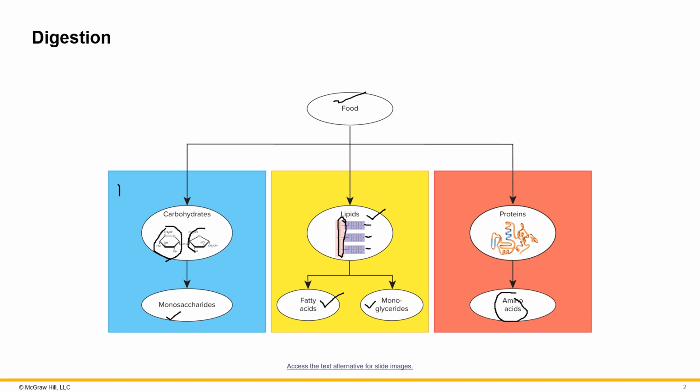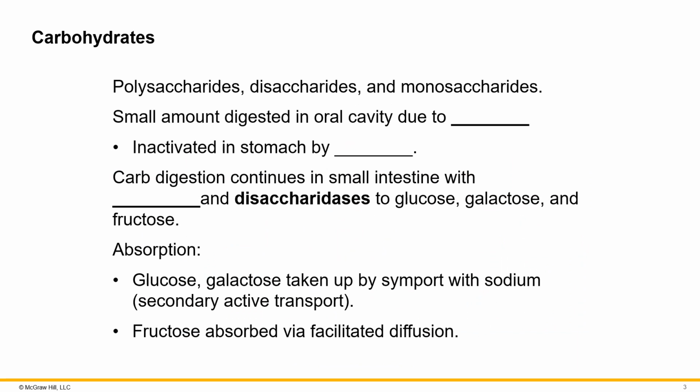So let's start by first looking at carbohydrates. Carbohydrates start with monomers called monosaccharides. A 2-monomer chain is called a disaccharide, and anything more than 2 is called a polysaccharide. You have several enzymes, including one in the oral cavity that starts to digest starch, which is a polysaccharide.